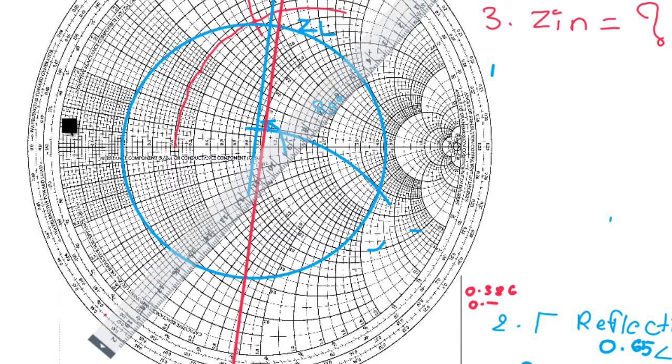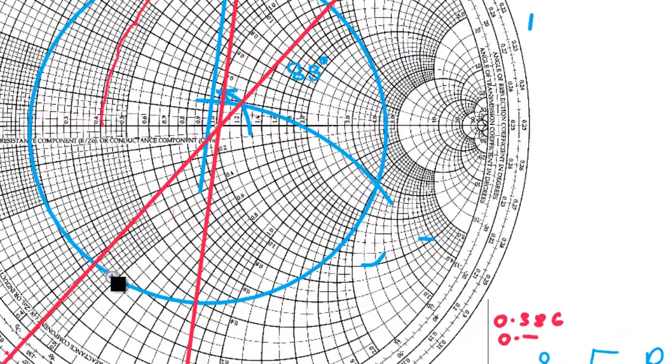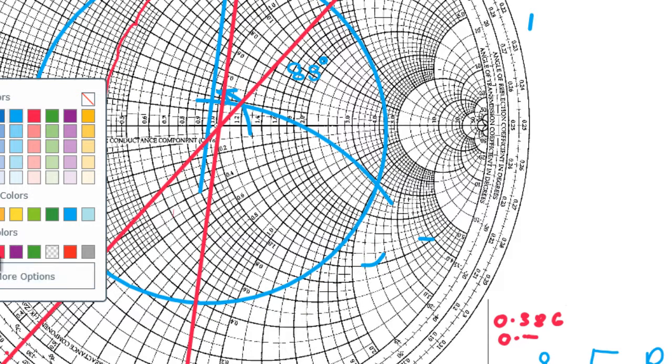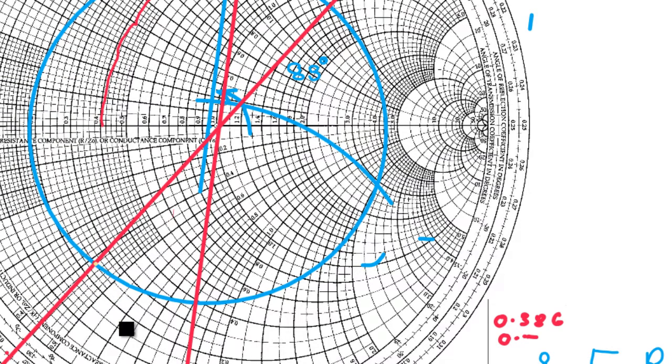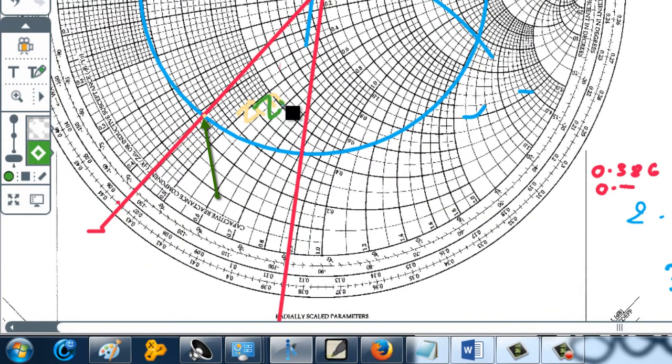You should understand the concept here. So this is your normalized Z in.